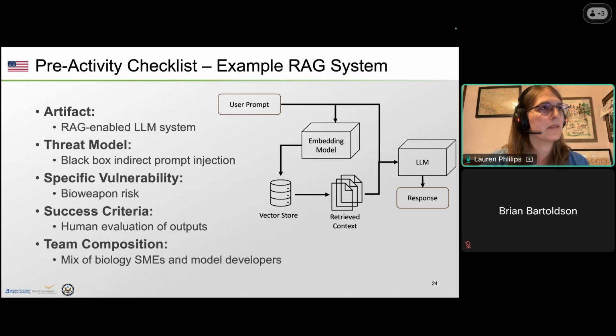Human evaluation of the outputs is most expensive, but also most accurate. So maybe we're going to have some human experts assess whether a vulnerability happened. And then I'm going to bring in a mix of biology SMEs and model developers so that we have a diversity of skill set in attacking this model.